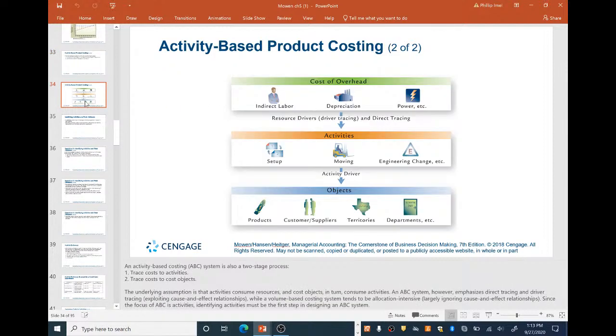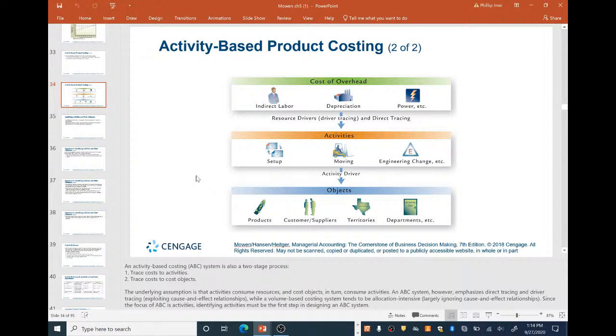So let's look at a little visual here of how it just flows down. Pretty much the underlying assumption is that activities consume resources. So we know that any activity we do is going to consume some resources, maybe raw material or money, whatever it is.